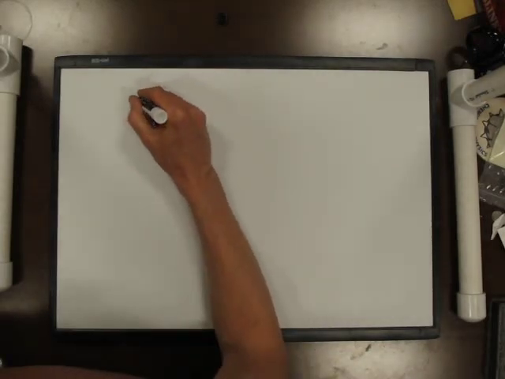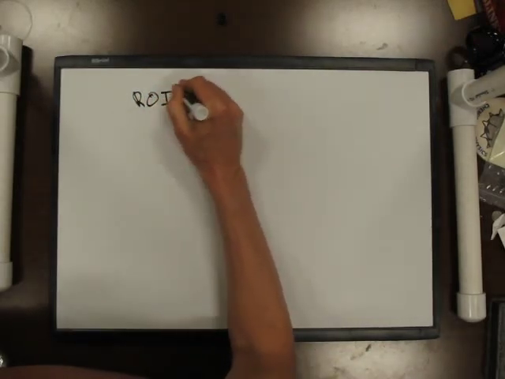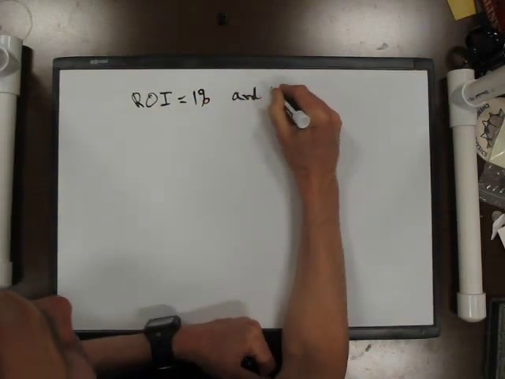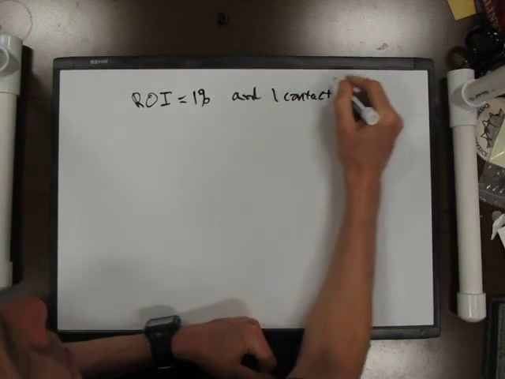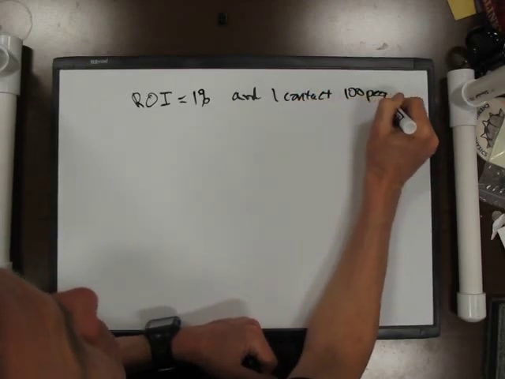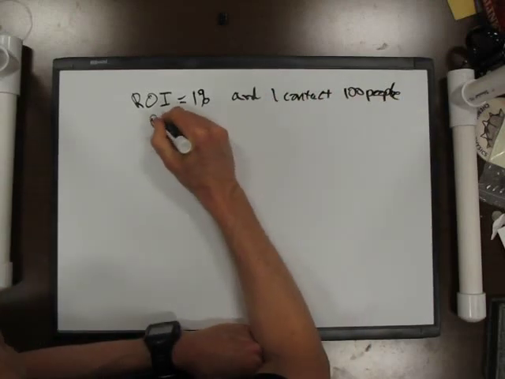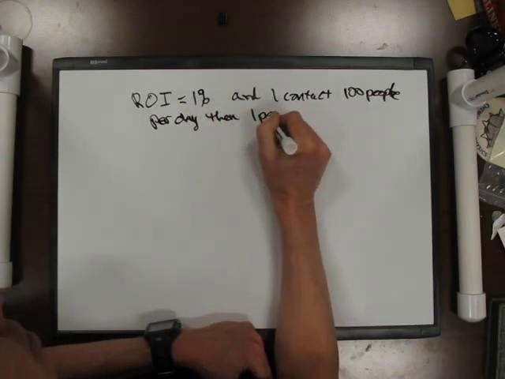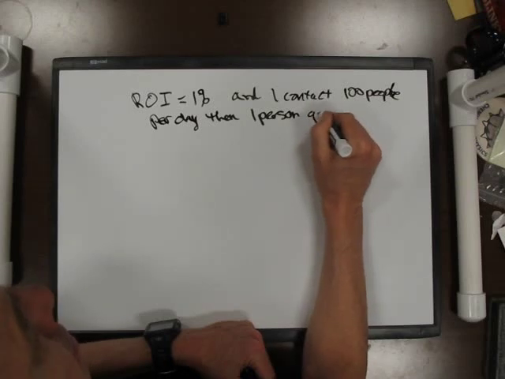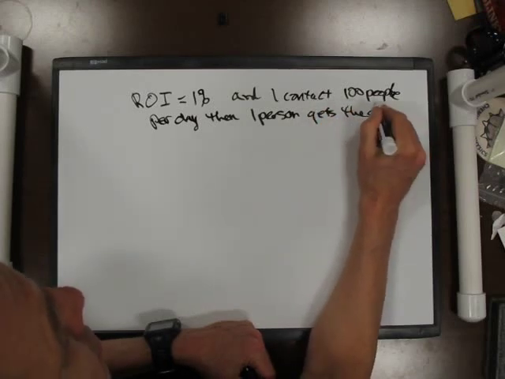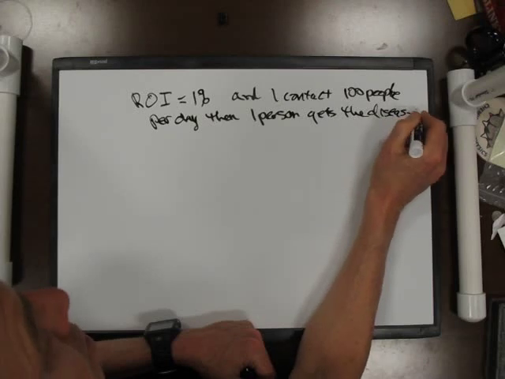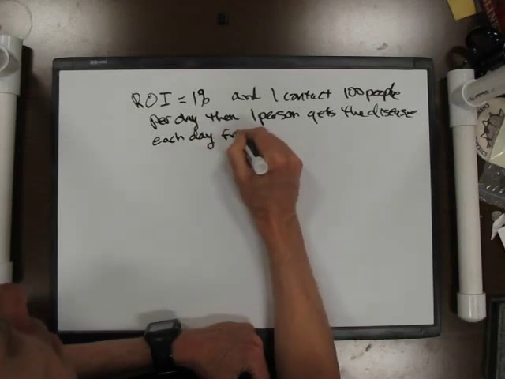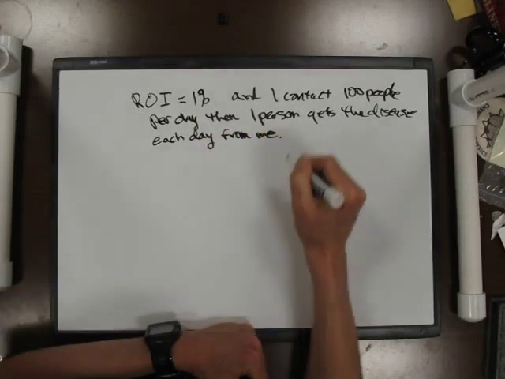So if the rate of infection is 1%, and I contact 100 people per day, then one person gets the disease each day from me, right?